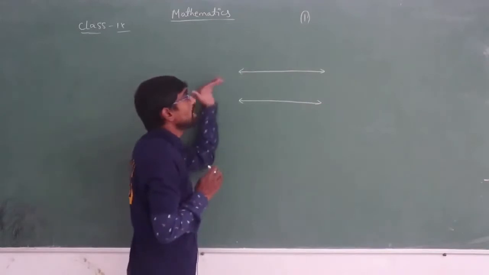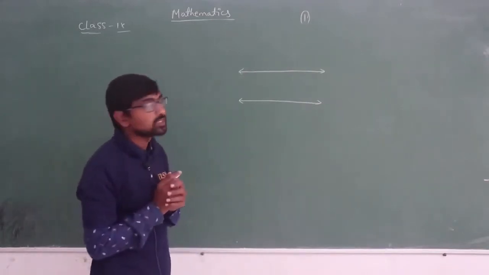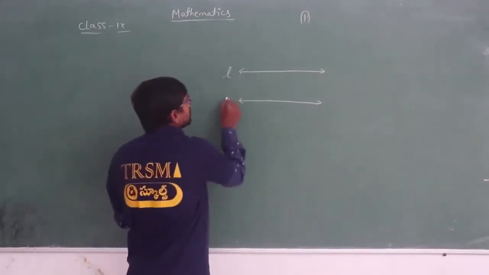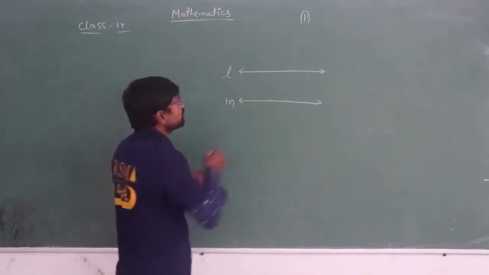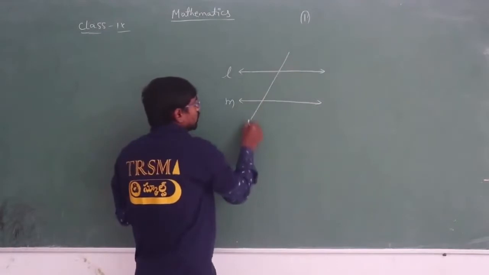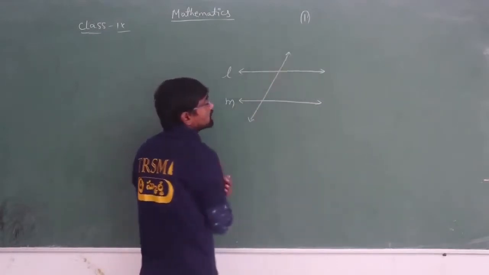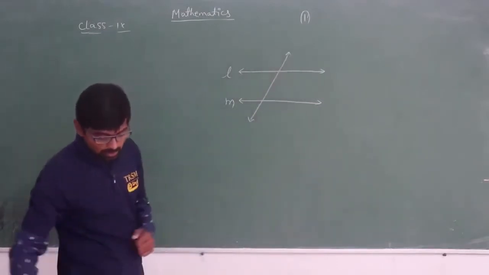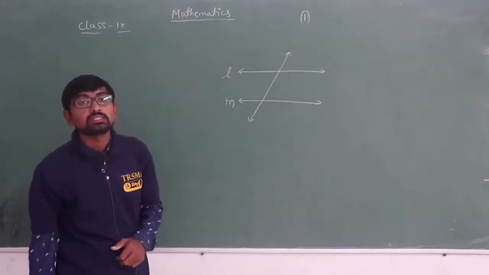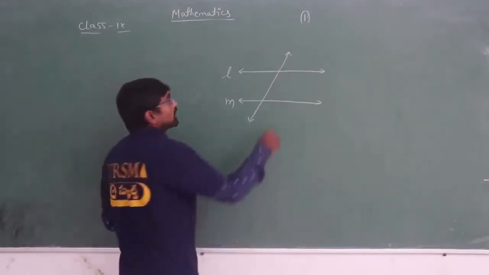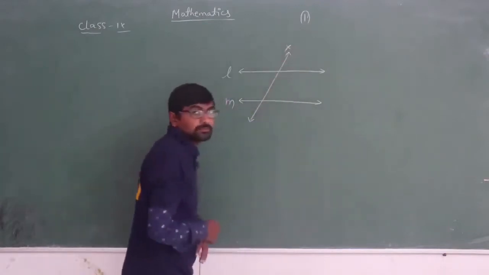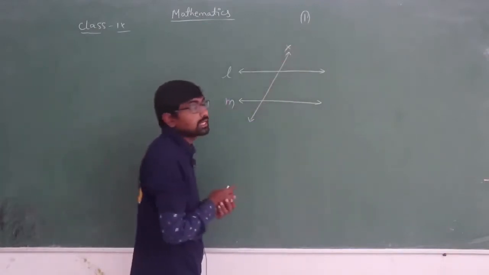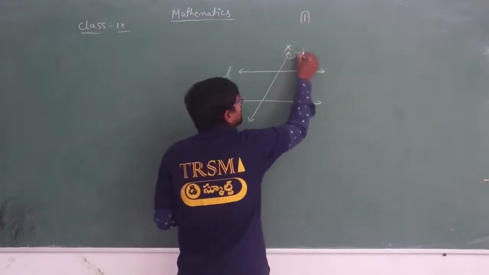Here we are having two parallel lines, let the lines be L and M. If one line is passing through these two parallel lines, what do we call such a line? Let this line be X. This line is called a transversal.